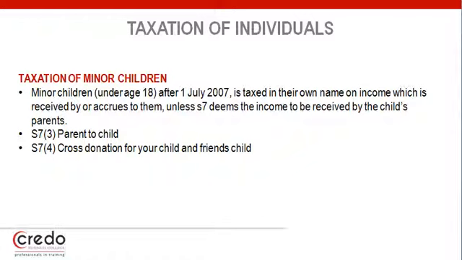So Mr. X has his child and Mr. Y has his child. So Mr. X says, I will give your child, Mr. Y, part of my salary, and you give my child part of your salary. So there's a cross donation for your child and a friend's child. This is also seen as tax avoidance, and the parent will be taxed because the parent earns that income.